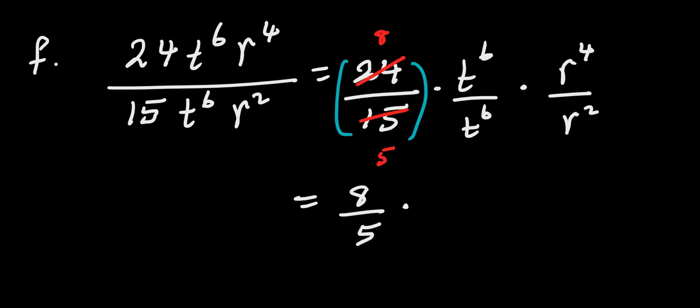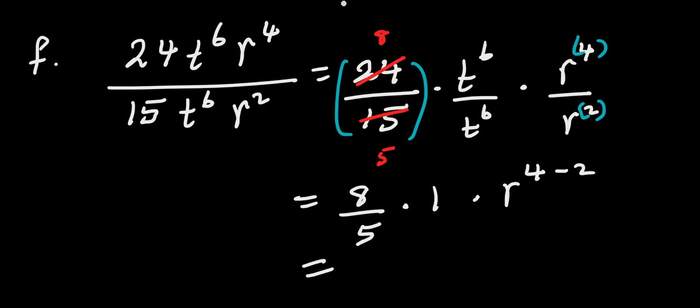a number divided by itself is actually 1. So this is 1 times. Let's use the division rule for this r. We are going to keep the base, which is r, and then this is squared, or 2, while this is 4. So it will be 4 minus 2 using the division rule. Keep the base, which is r, then 4 minus 2.